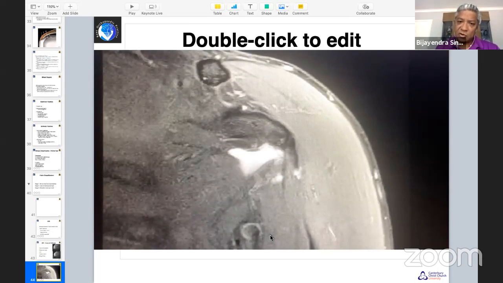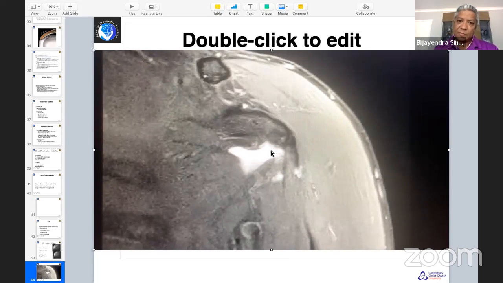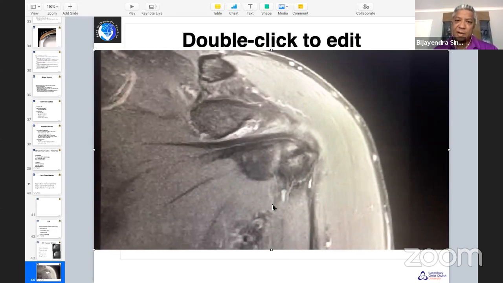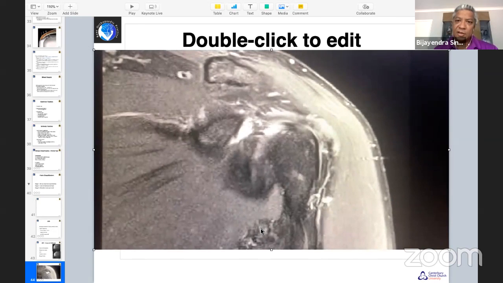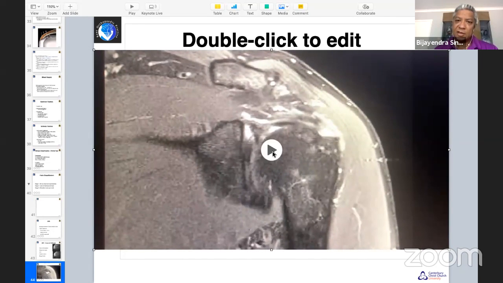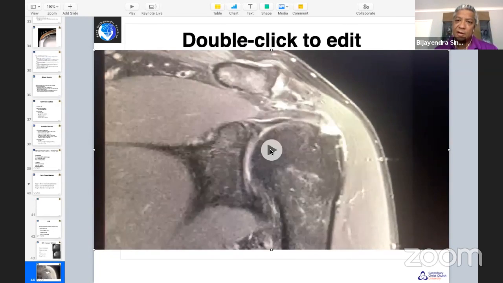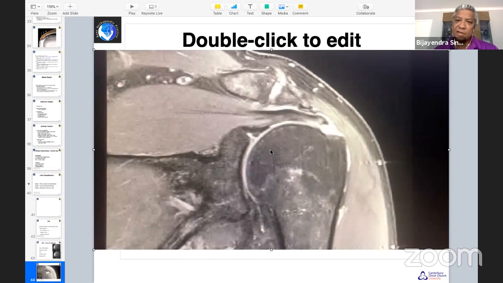So this is a short video on the MRI, going from the front to the back, and you can see the tear starting to come up there, and you can see it's a full thickness tear. So this is like a Patte grade 1, where you can see this is the supraspinatus tendon, muscle belly forming a tendon, and it's torn.